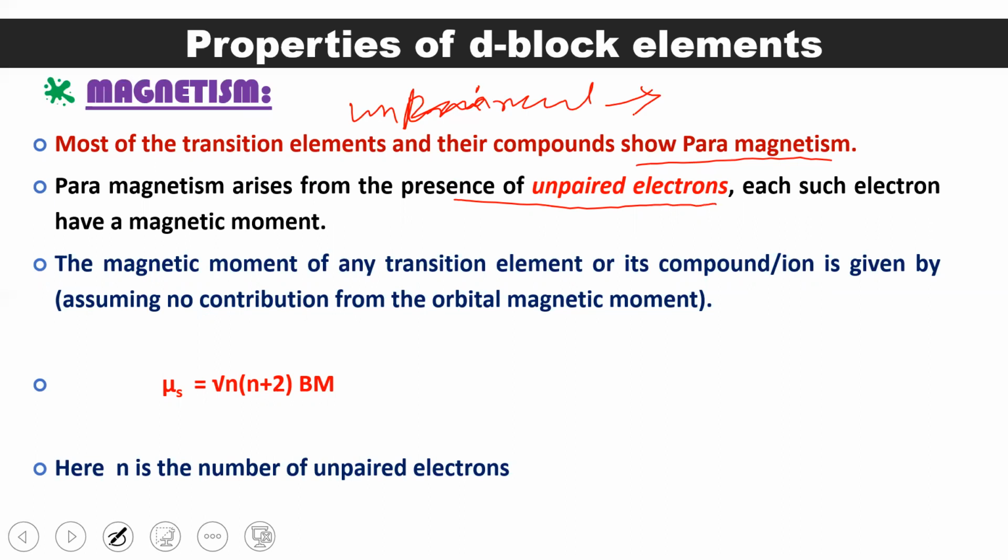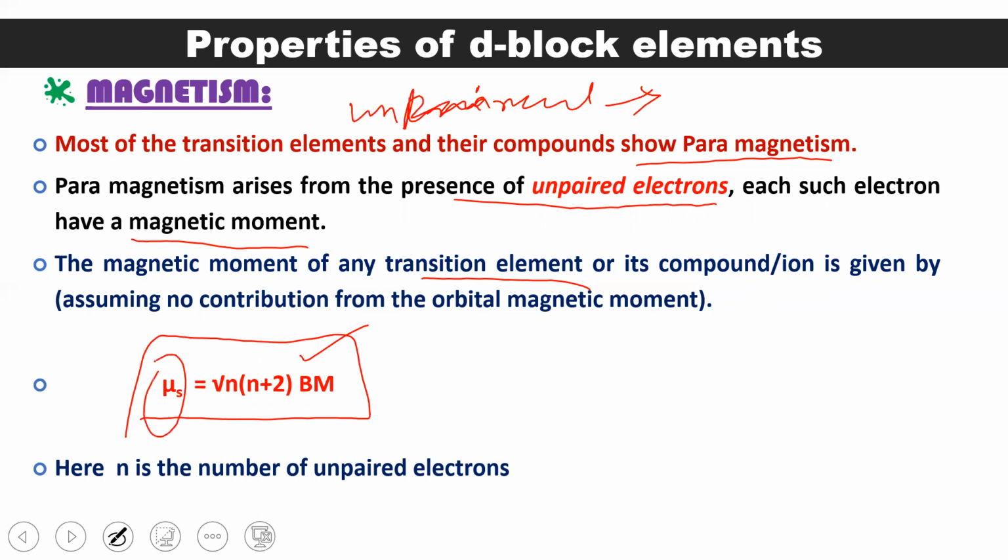Each such unpaired electron has its own magnetic moment. Now the magnetic moment of any transition element, compound or ion can be easily calculated by using a simple formula. The magnetic moment is indicated with mu s.